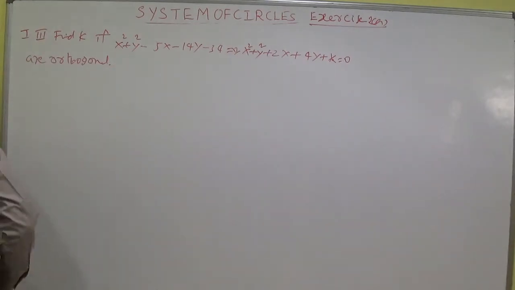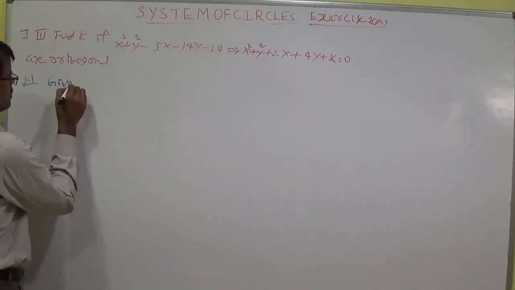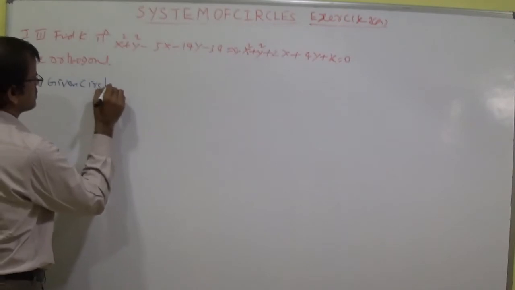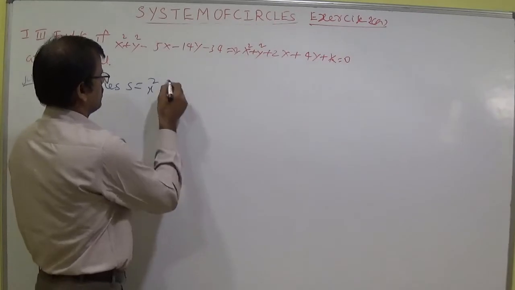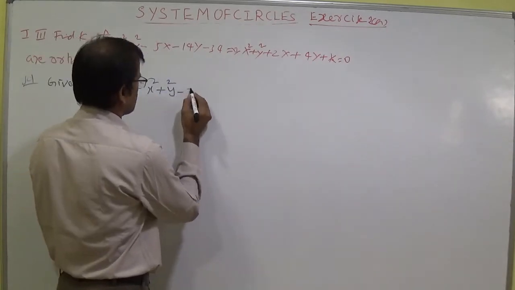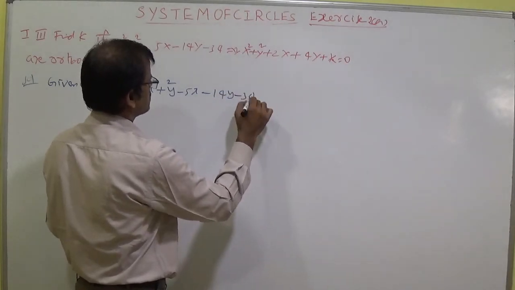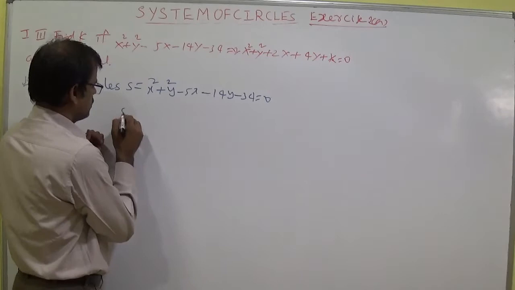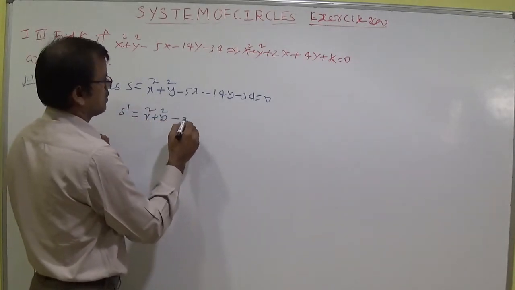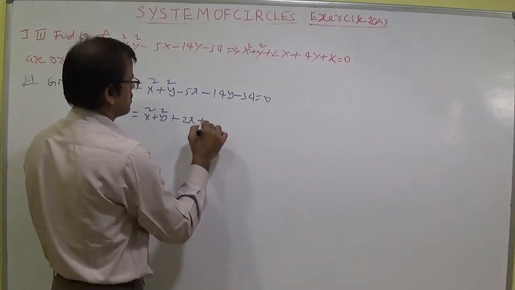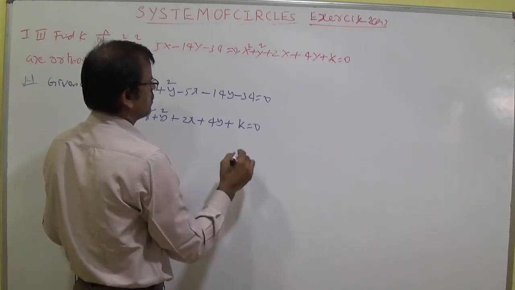Using the condition 2gg dash plus 2ff dash equal to c plus c dash, you can write the given circles. Take the first circle as S equal to x square plus y square minus 5x minus 14y minus 34 equal to 0, and S dash equal to x square plus y square plus 2x plus 4y plus k equal to 0.